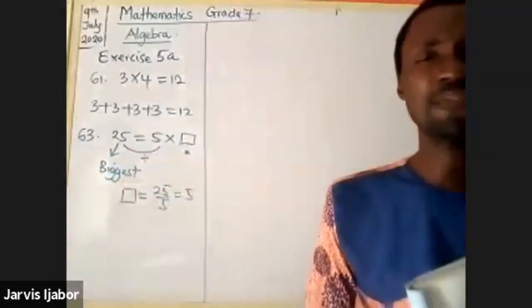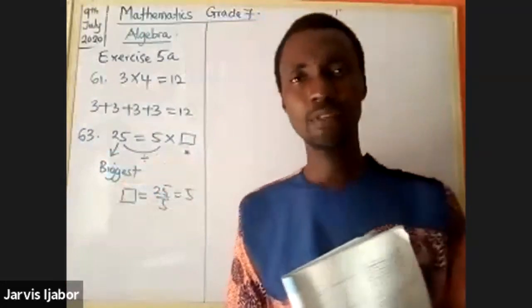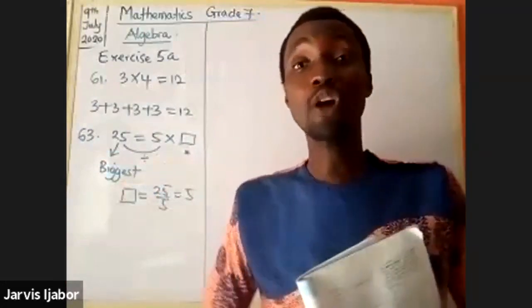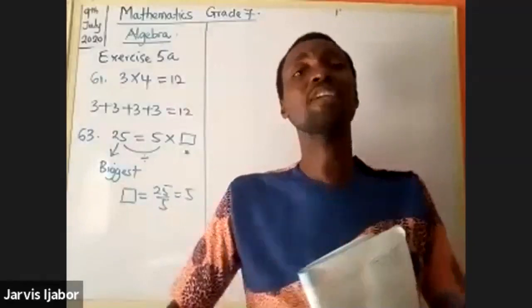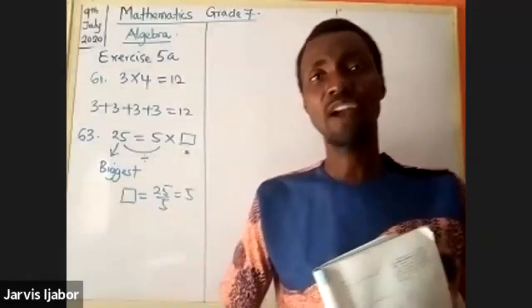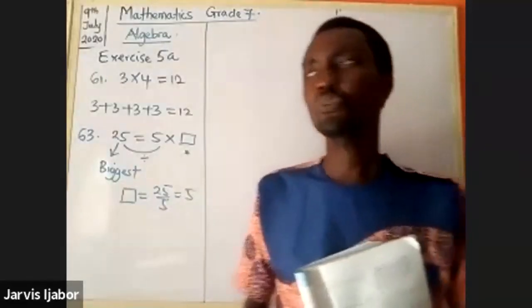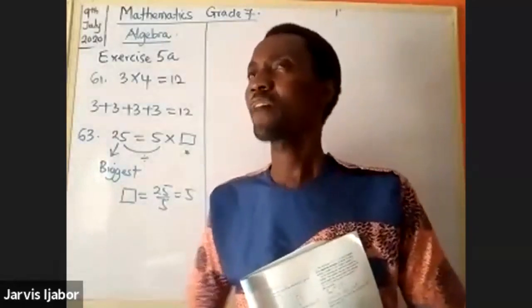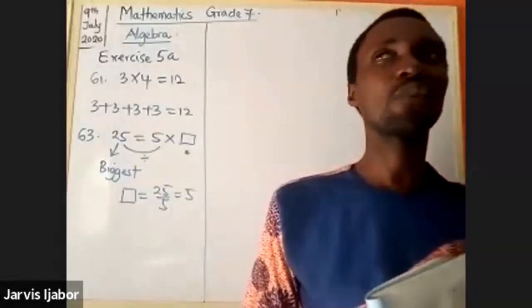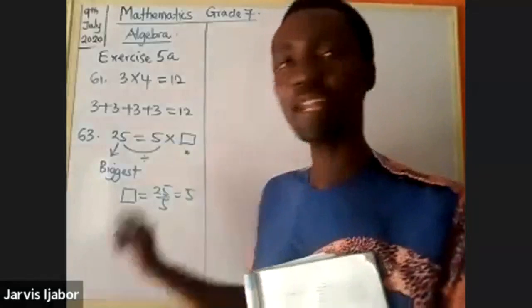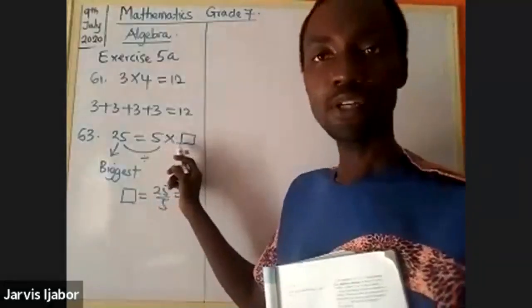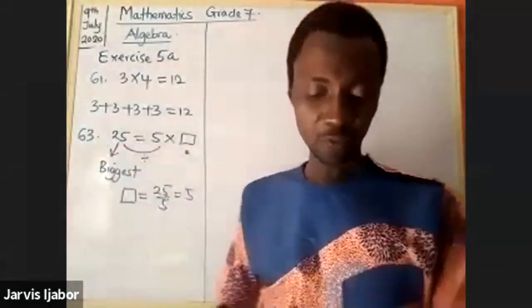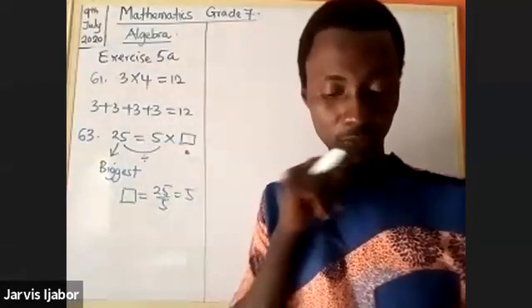Now, sometimes for somebody to say 25 divided by 5 might be quite demanding. So the next thing you do, because you know you are dividing by 5, you can begin to read your multiples. 5 times 1, 5 times 2, 5 times 3, 5 times 4, 20, 5 times 5, 25. That means I need to multiply 5 by 5 to be able to get what? 25. So that will help you solve that question.